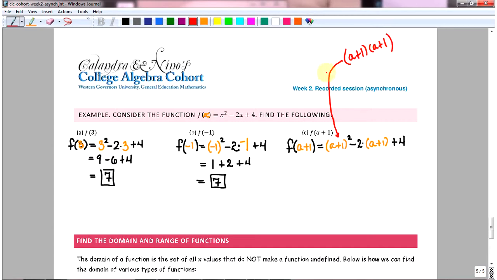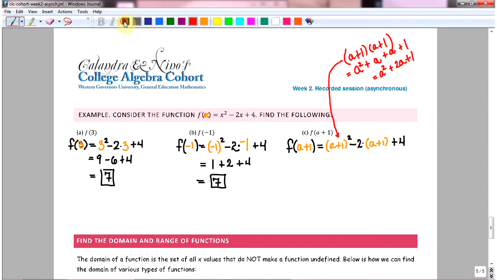So you can use the FOIL method. First times first is a squared. Outer times outer is 1a, or just a. Inner times inner is another a. Last times last is 1. So this will simplify to be a squared plus 2a plus 1.